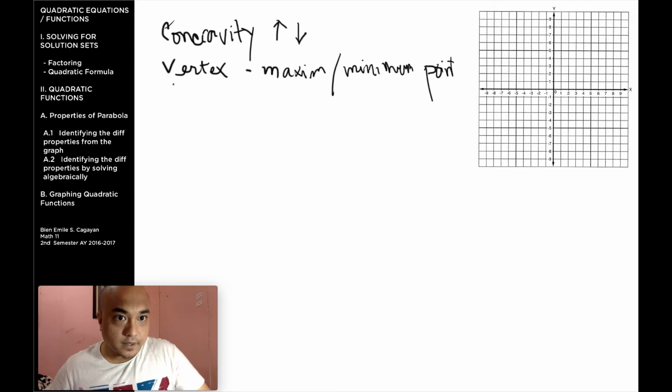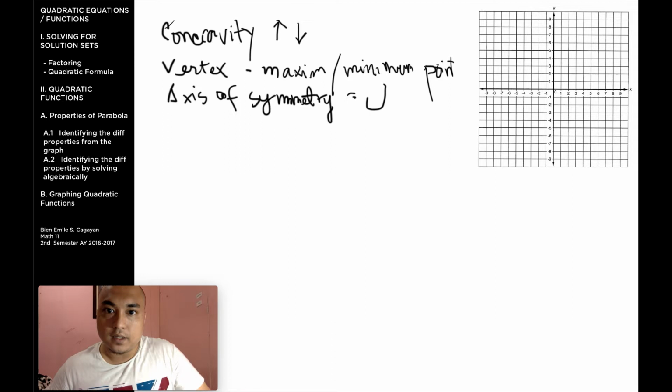The axis of symmetry. This just divides the parabola into equal parts. This is the axis of symmetry. The domain: all possible values of x.